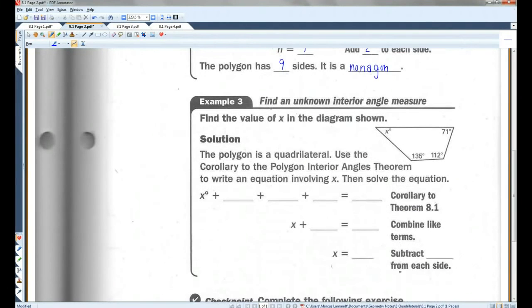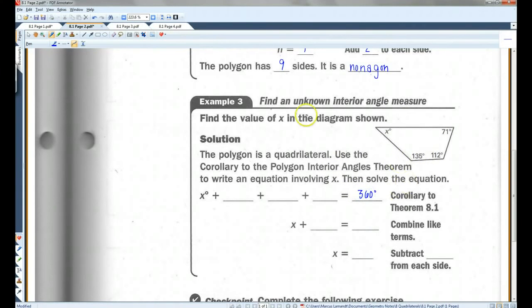Okay. Example 3. Find the value of x in the diagram shown. The polygon is a quadrilateral. Use the corollary to the polygon interior angles theorem to write an equation involving x. If you remember, we just learned that in a quadrilateral, all the angles are going to add up to 360.